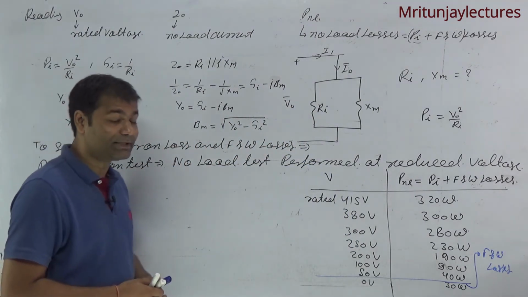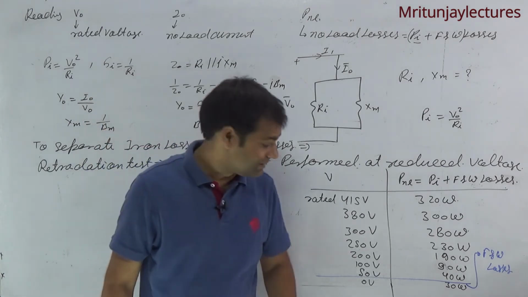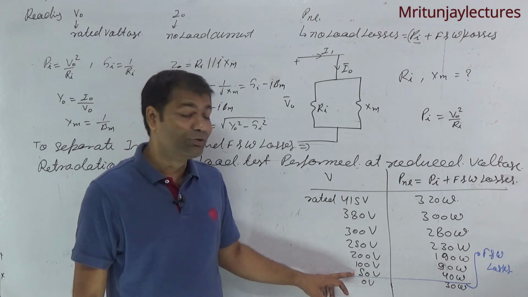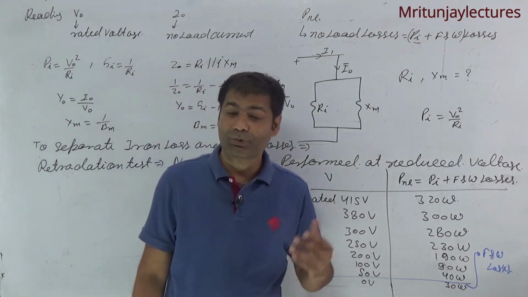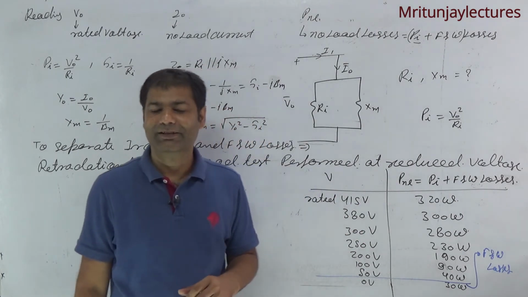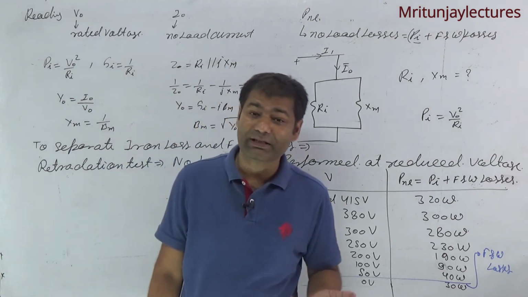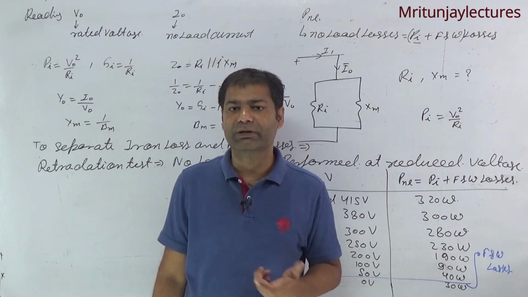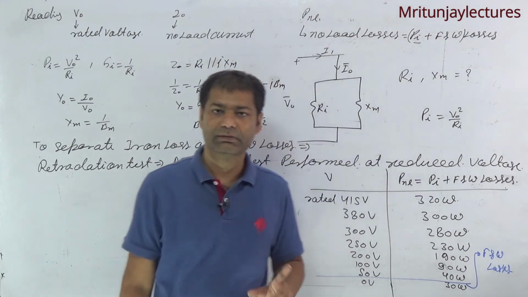But what about practically? Maybe at 50 volt, after 50 volt the motor is not running. If the motor is not running, it means you cannot find out the reading of the wattmeter. Clear?